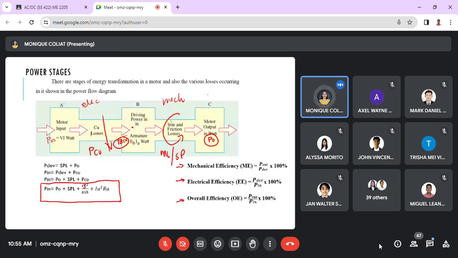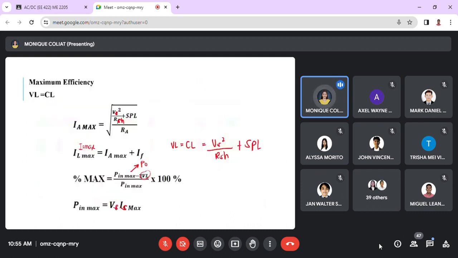Next, we have the maximum efficiency. So just like in the generator, here the maximum efficiency is when variable loss is equal to constant losses. And to start in maximum efficiency, mag-start kayo kay IA max. To get IA max, we have the square root of VS squared over RSH plus SPL divided by RA.